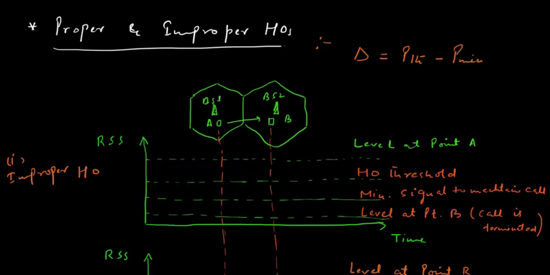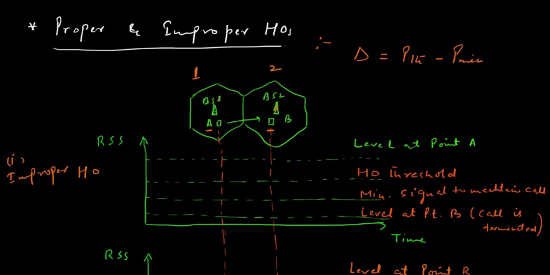Okay, so you can see this diagram here. I have taken an example of two cells, and this is cell number 1, and this is cell number 2. Here you have base station 1 and base station 2, and you see a mobile station is at point A, and it is moving towards point B in the coverage area of base station 2.